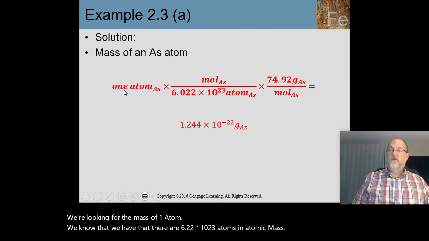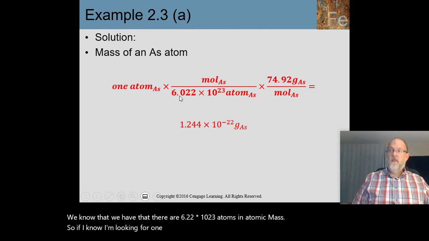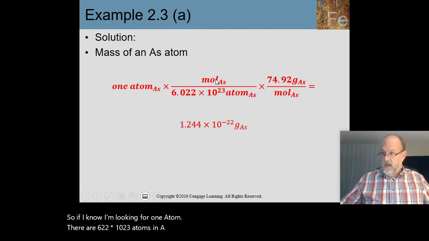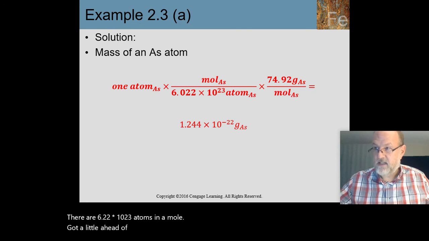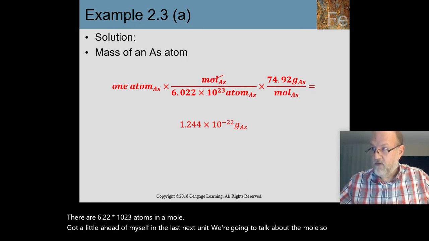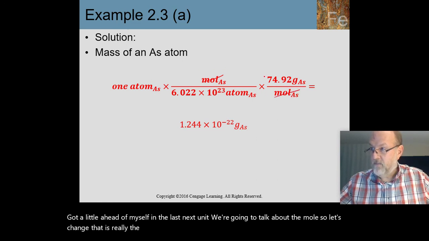So if I know I'm looking for one atom, there are 6.022 times 10 to the 23rd atoms in a mole. Okay, got a little ahead of myself, we're going to talk about the mole in the next unit. So let's change that. Get rid of the moles and just put the atomic mass over here.